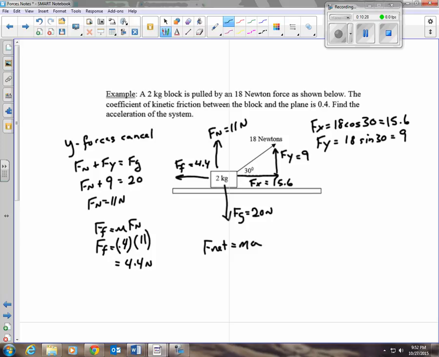I have 15.6 going to the right. It's a force of friction of 4.4 going back the other way, so I'm going to subtract it. Then I end up with 11.2 equals 2a, and then our acceleration is 5.6 meters per second squared.